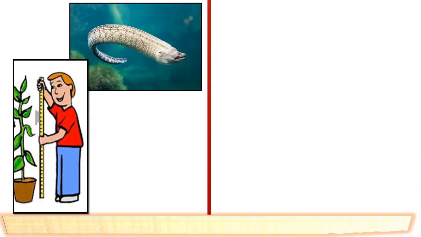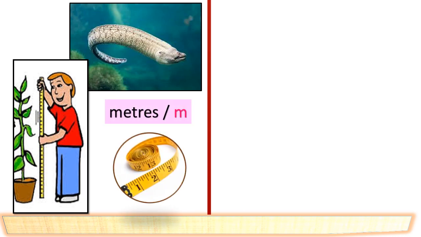Tell me, what unit of length will you use to measure this plant or this long eel fish? Yes, we will measure in meters with a measuring tape. M here represents meter.